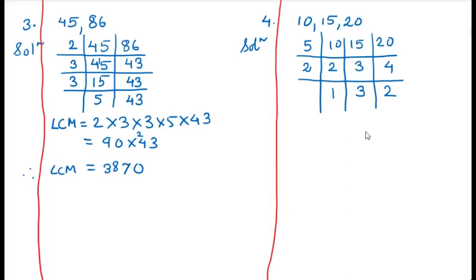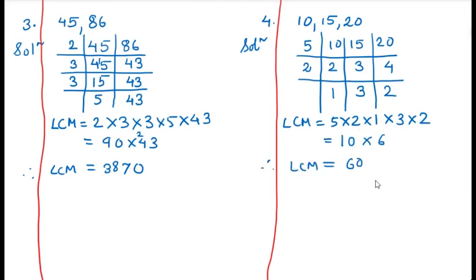LCM is equals to 5 multiplied by 2 multiplied by 1 multiplied by 3 multiplied by 2. 5 2s are 10. So we'll write here 10 1s are 10. 3 2s are 6. And 10 6s are 60. Therefore, LCM of these three given numbers is 60.